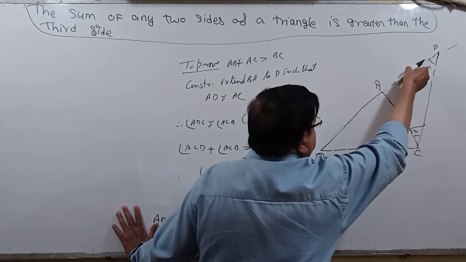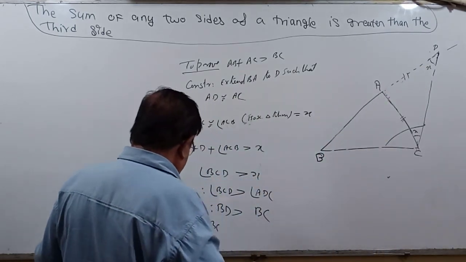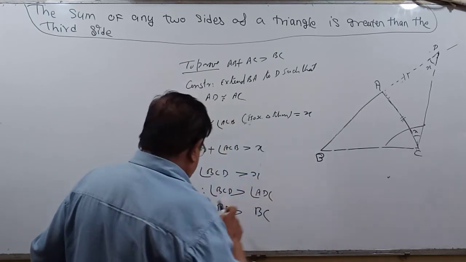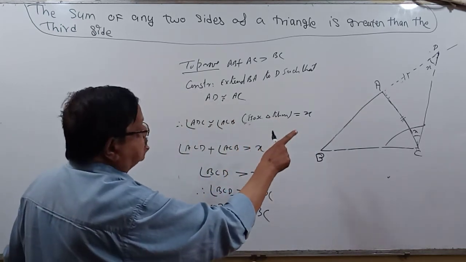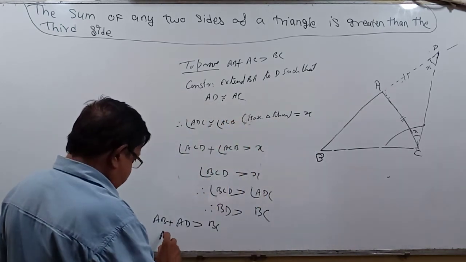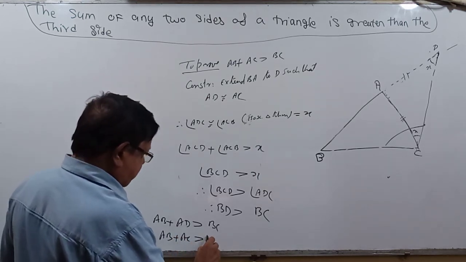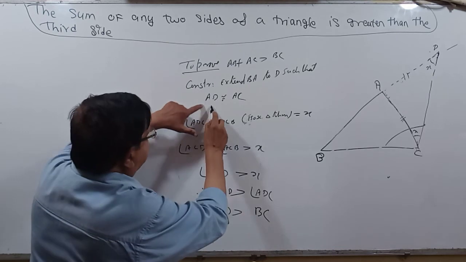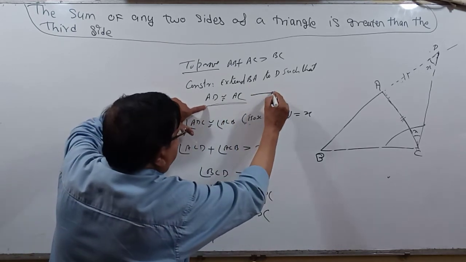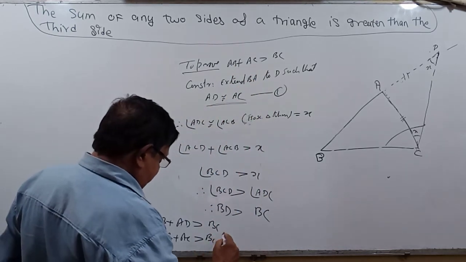What is AD, by the way? AD is equal to AC. Therefore, AB plus AC is greater than BC. So, from 1.